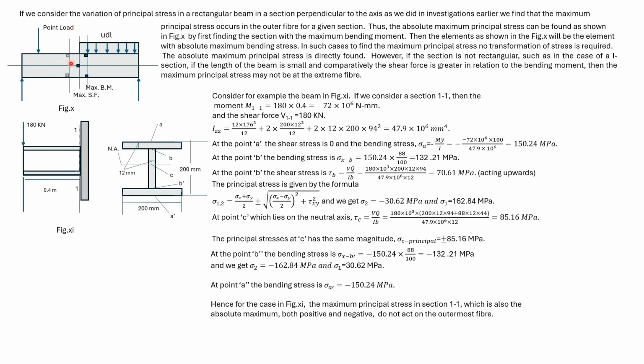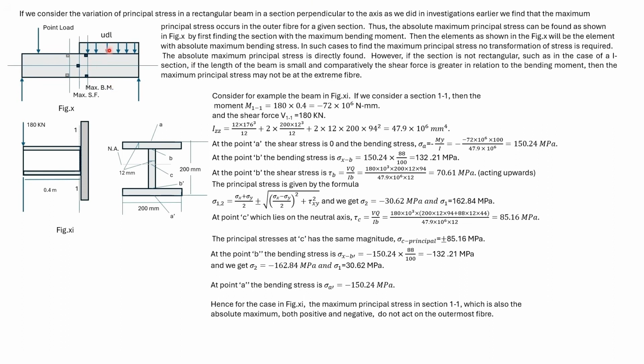If we take a given section, then these 2 points will be subjected to the maximum normal stress, positive and negative, acting on the section. Till now, we have considered that these 2 points have the maximum magnitude of principal stresses.